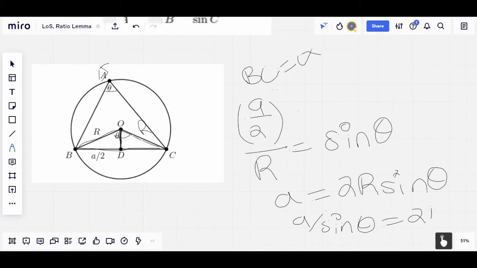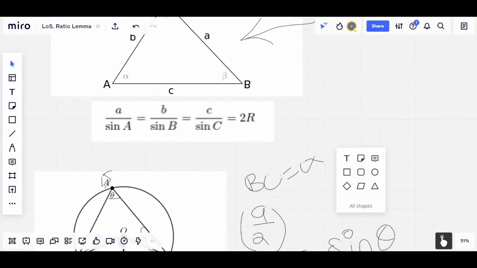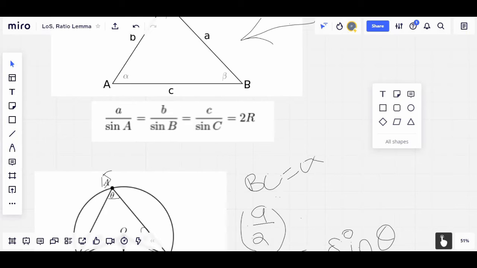Okay, so doing a similar thing with all of a, b, c gives us that they are all equal to 2R. So what this means is since they're all equal to 2R, they're equal to each other. And therefore, looking back, we have what we wanted. a over sine A equals b over sine B equals c over sine C equals 2 times R.